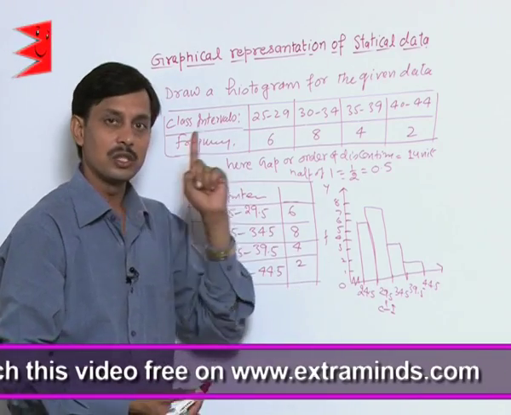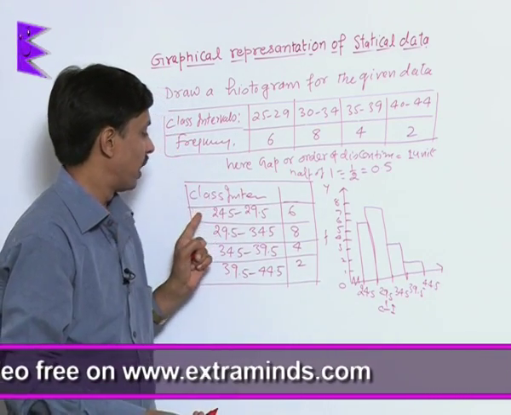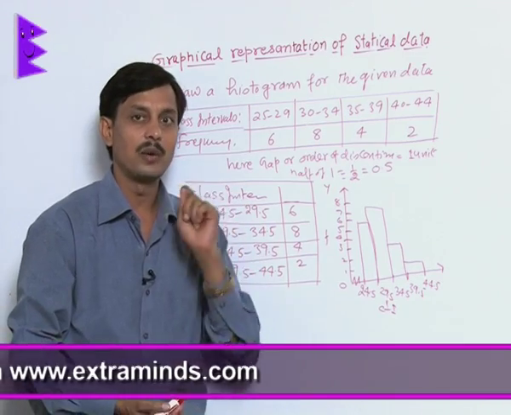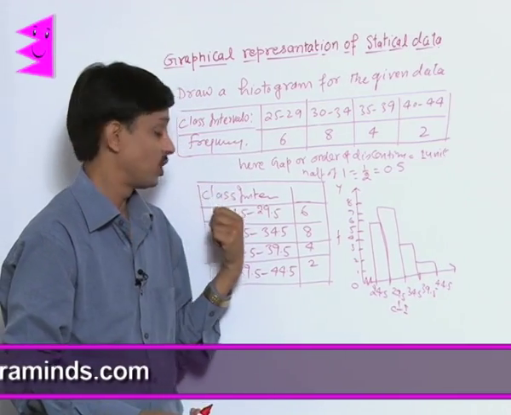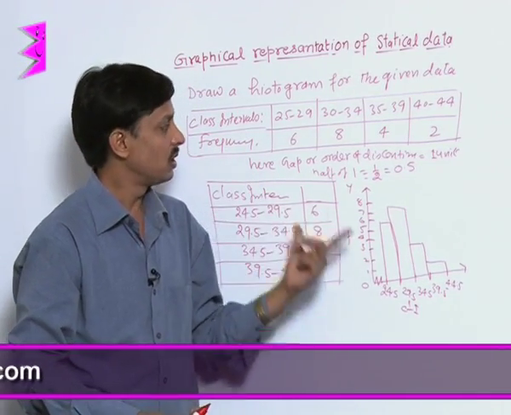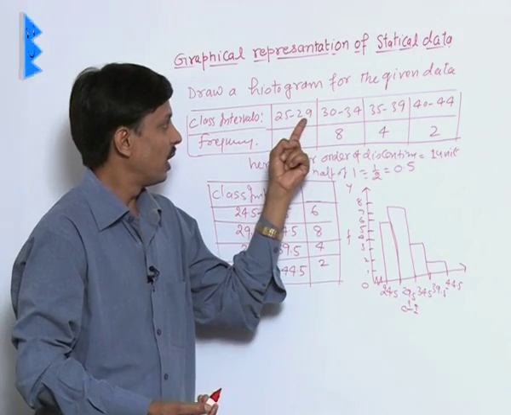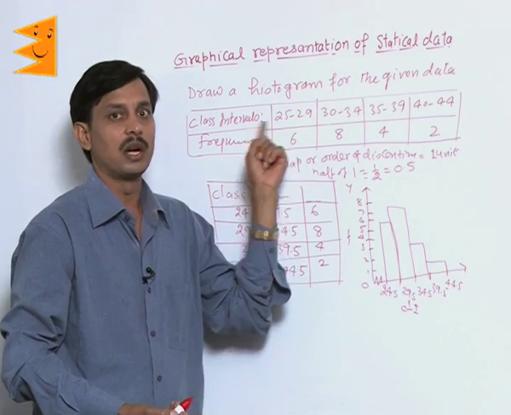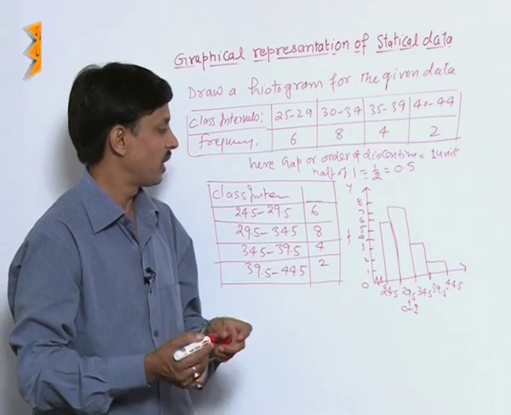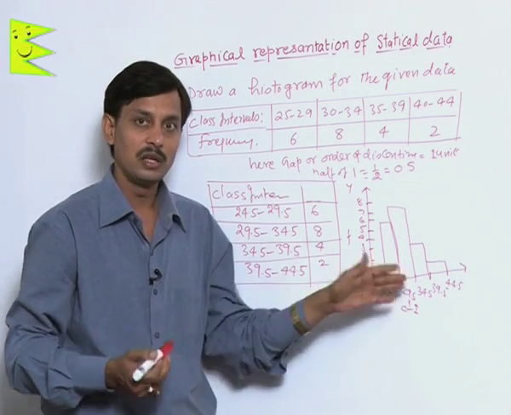We put the short kink only when the intervals do not start with 0. So this is the way to convert inclusive or discontinuous data to continuous or exclusive data and make its histogram.